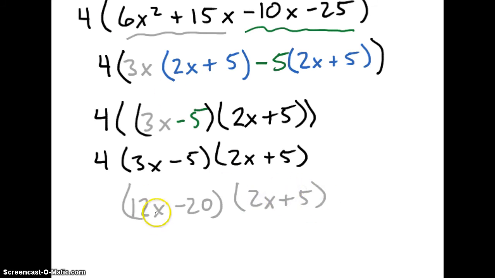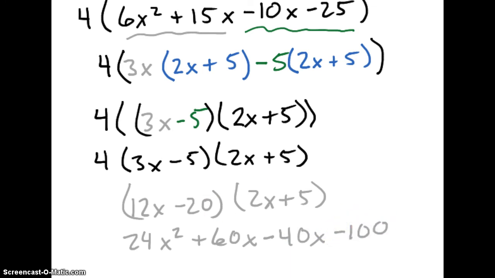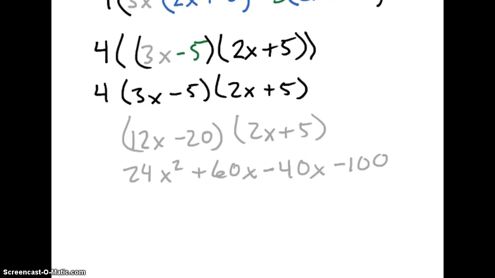I take 12x times 2x, I get 24x squared. 12 times 5 is 60, so plus 60x minus 40x minus 100, and altogether that gives me what I started out with, 24x squared plus 20x minus 100.